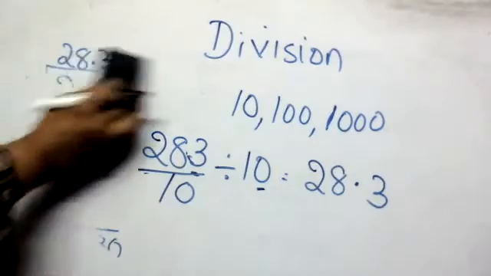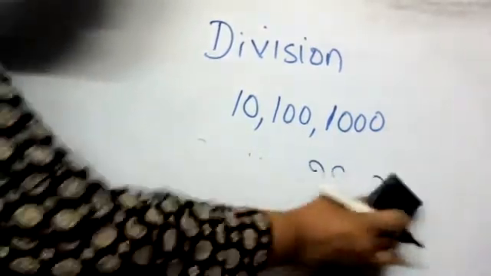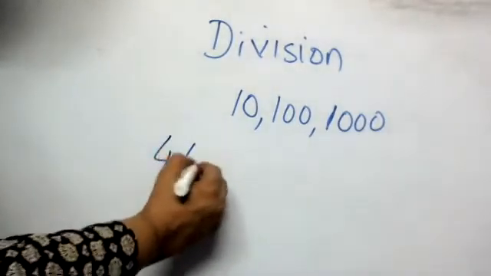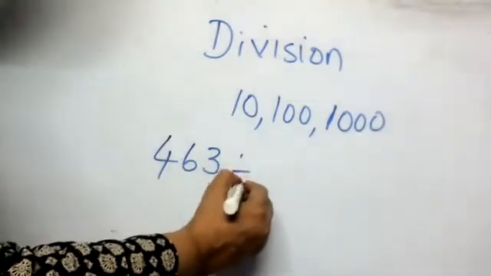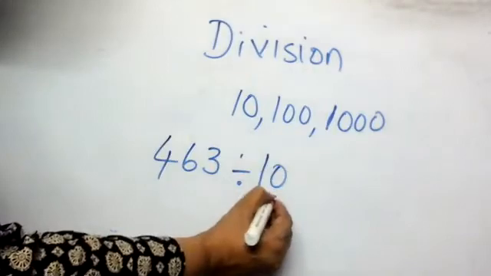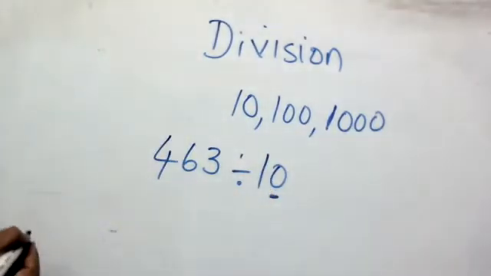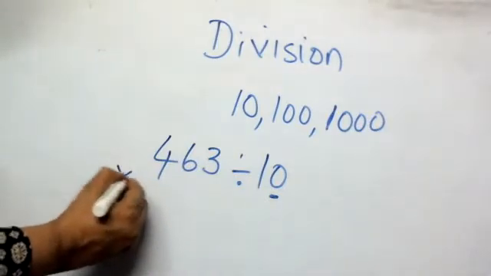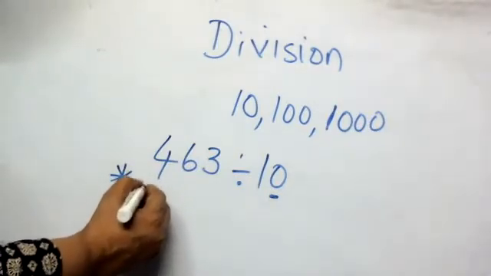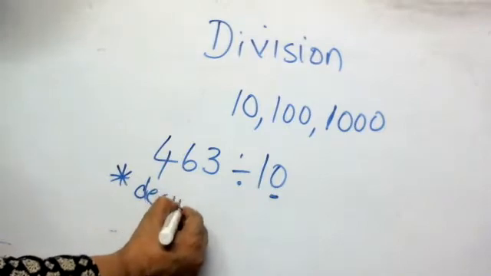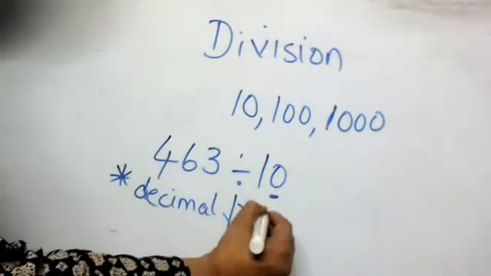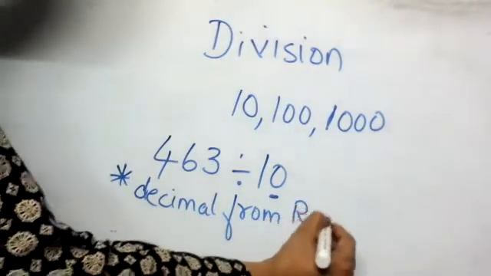Now, let's look at one more sum. 463 divided by 10. So there is only one zero, 1 0. So where will we put the decimal point? Check the decimal place from the right side.